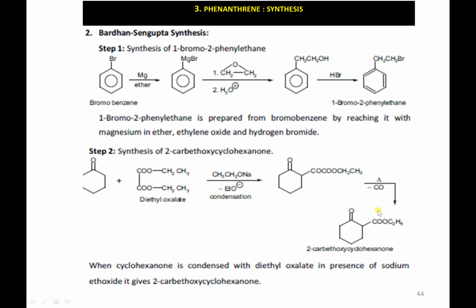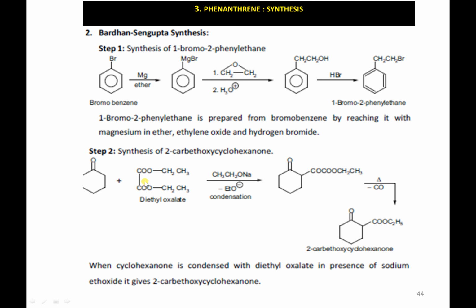Second starting material is 2-carbethoxycyclohexanone. So in the cyclohexanone, at the ortho position, we are incorporating a carbethoxy group through diethyl oxalate. We are creating an anion here with sodium ethoxide, because this is an active methylene compound, and then we are adding this.